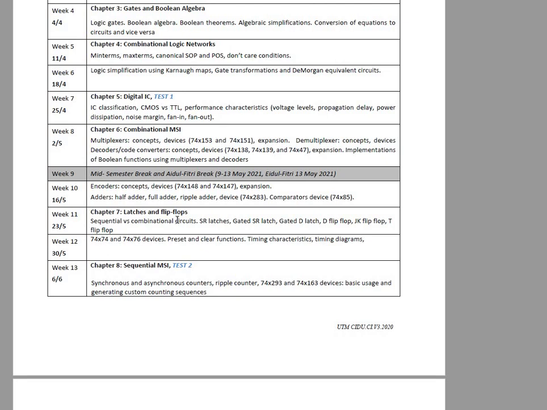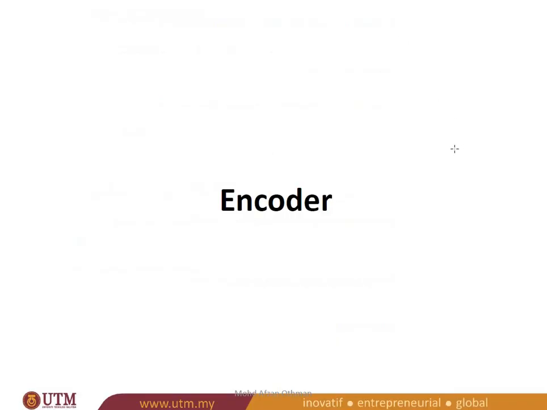So without further ado, we will start this lecture with week 10 encoders. Before this we have learned about decoders. Now we go to the exact opposite, which is the encoder.